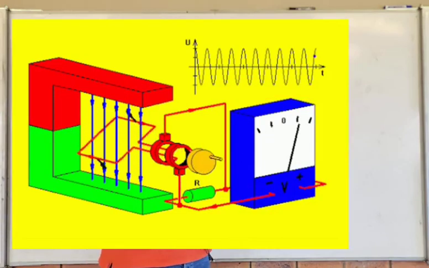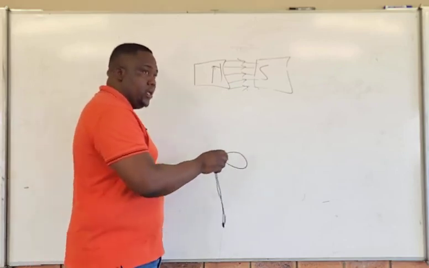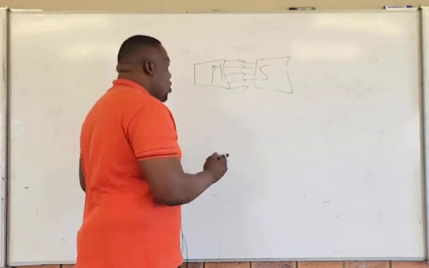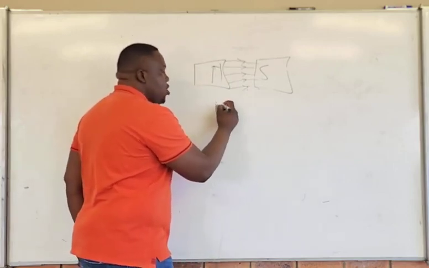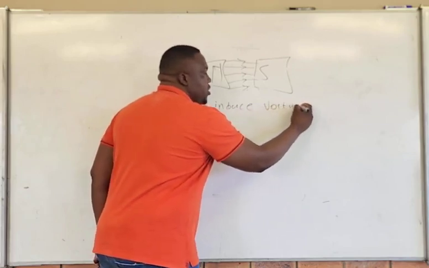So let me use the correct language. When you take a coil and move it between magnets, we say you are going to induce the voltage.